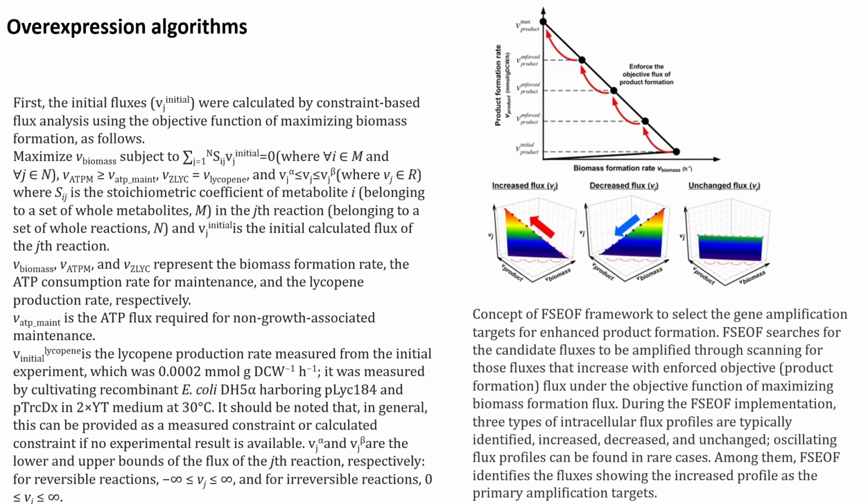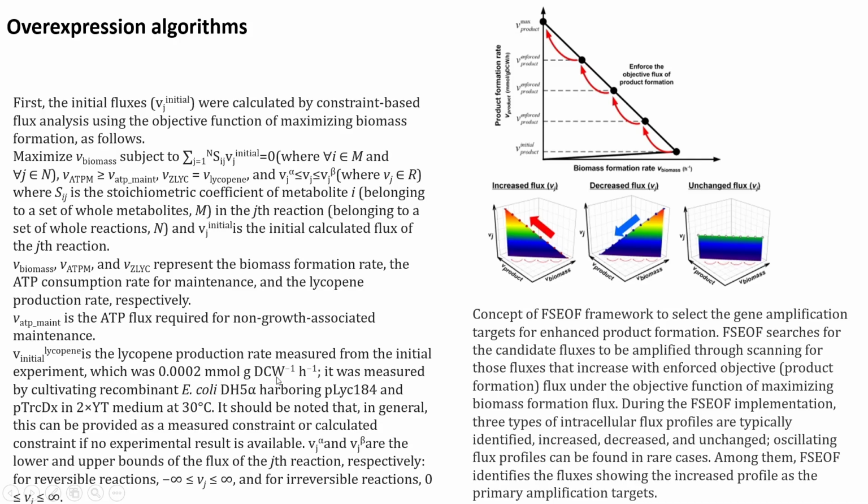And V_j initial is the initial calculated flux of the jth reaction. Now V biomass, V ATPM, V ZLYC represent the biomass formation rate, the ATP consumption rate for maintenance, and the lycopene production rate respectively. V biomass is your objective function you're trying to maximize, and the others are constraints that you have put in place for this model.